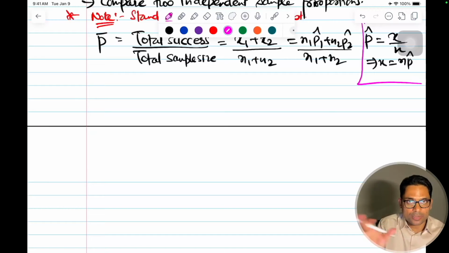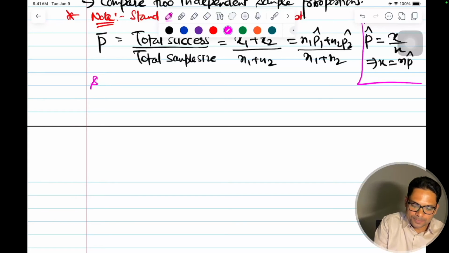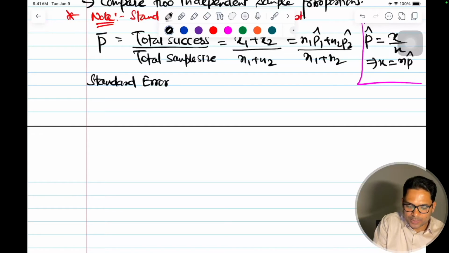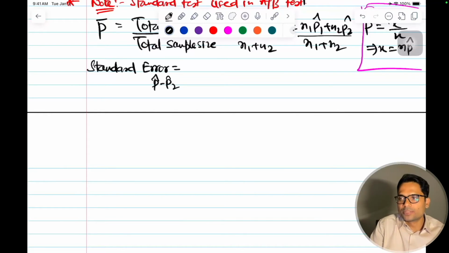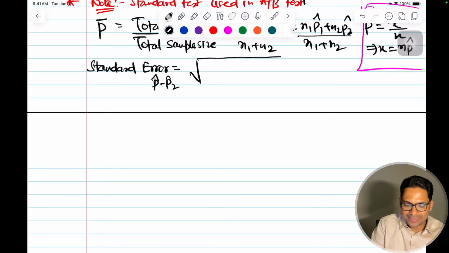Now what is my standard error? This p bar is for combining the two success proportions. Then we have the standard error term in the denominator. This is the standard error for p1 and p2 for both the samples, and it will be equal to the square root of p bar into 1 minus p bar, into 1 by n1 plus 1 by n2. That's why this average p bar is used.